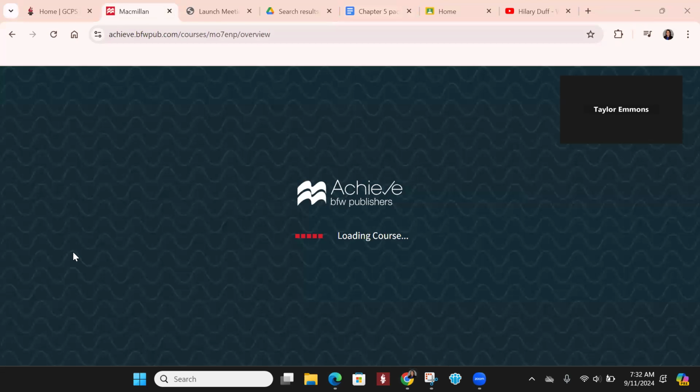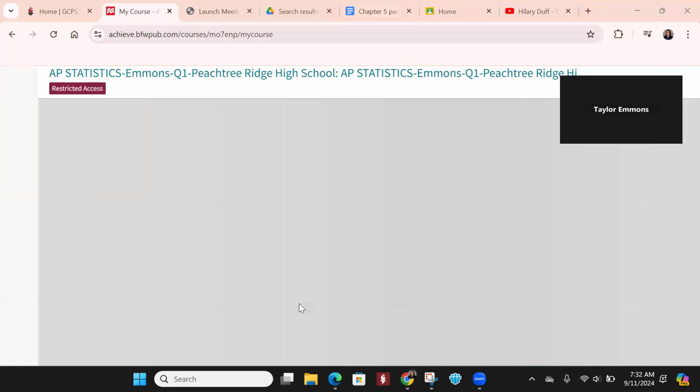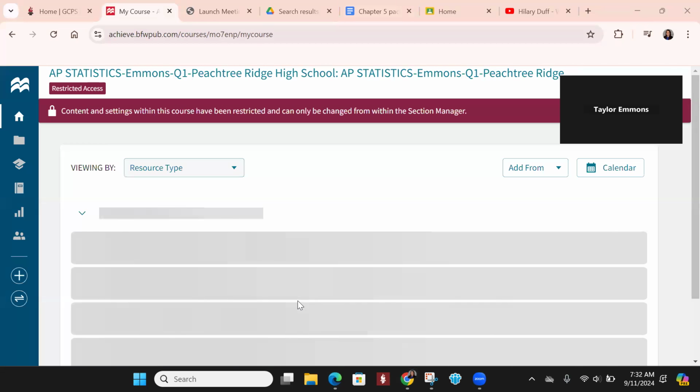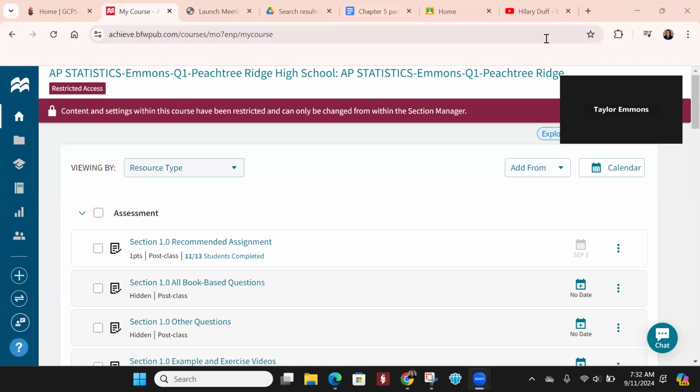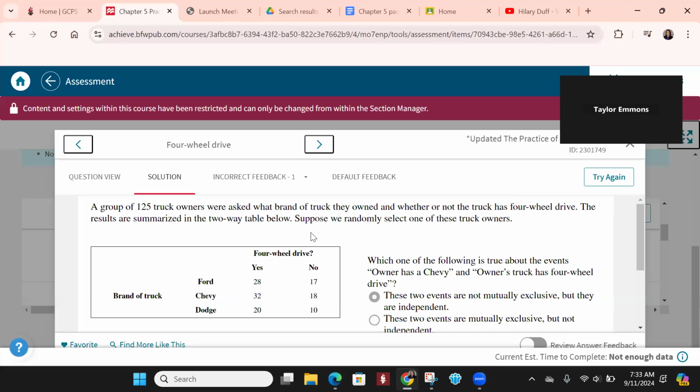Which one is it? On 5.1? Okay. Give me 1 second to get there. So this is talking about Chevys and 4-wheel drives. The owner has a Chevy and the owner's truck has 4-wheel drives.